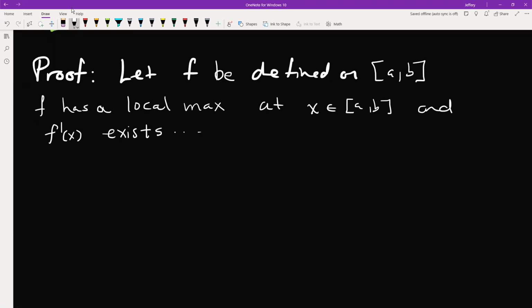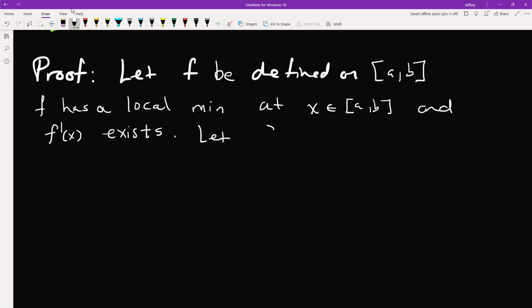So what did we say before? In order for there to be a local minimum, we have some delta neighborhood around the x such that whenever some point got close to it, the f of that point was larger than f of x, right? So we've got this interval here.